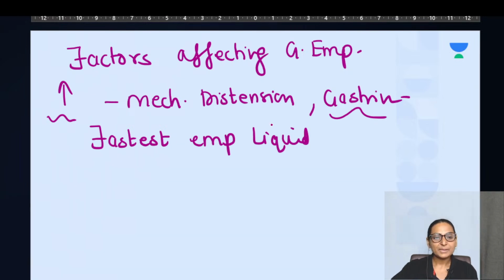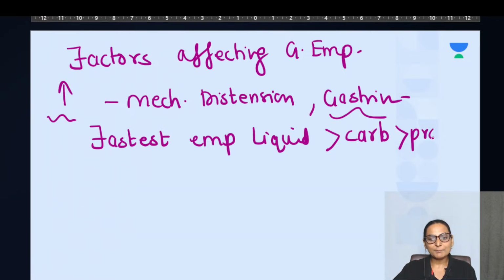Good, Monica. So fastest emptying is with liquid, followed by carbs, followed by proteins, and the latest emptying is of fat. Suppose you imagine yourself, if you had only juice for breakfast or only one chapati, and you had eggs and cheese in the breakfast, which will be more fulfilling?